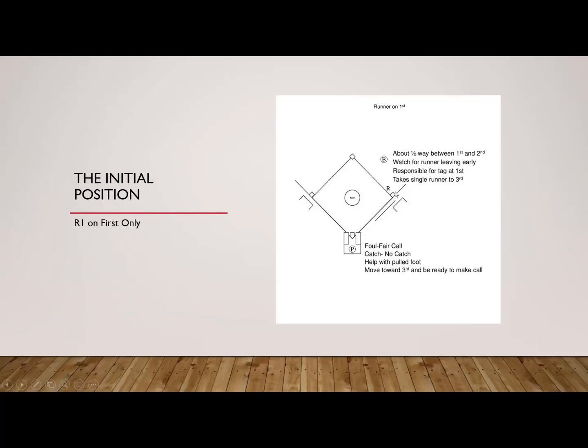Well, we are also in charge of ruling safes and outs on slides. One of the things I want to encourage all of us to think about is this leading edge right here of second base. This line here is where we're going to be able to rule most effectively on girls as they slide into the base, whether they're safe or out.